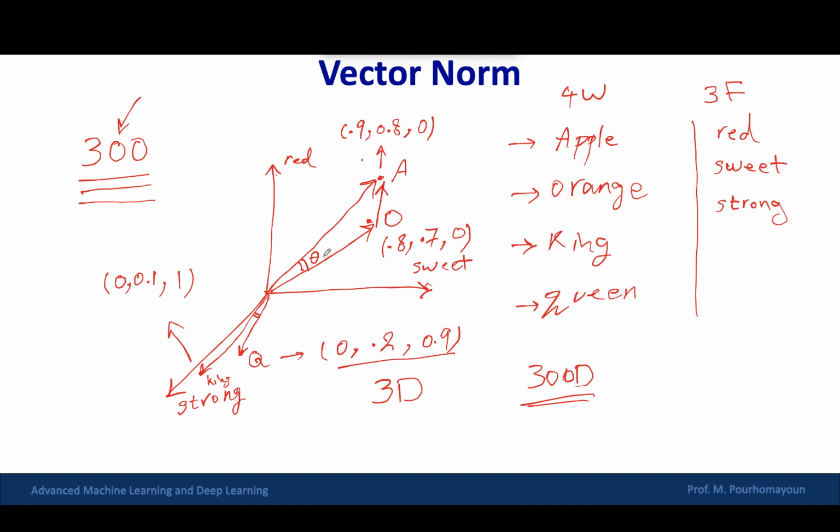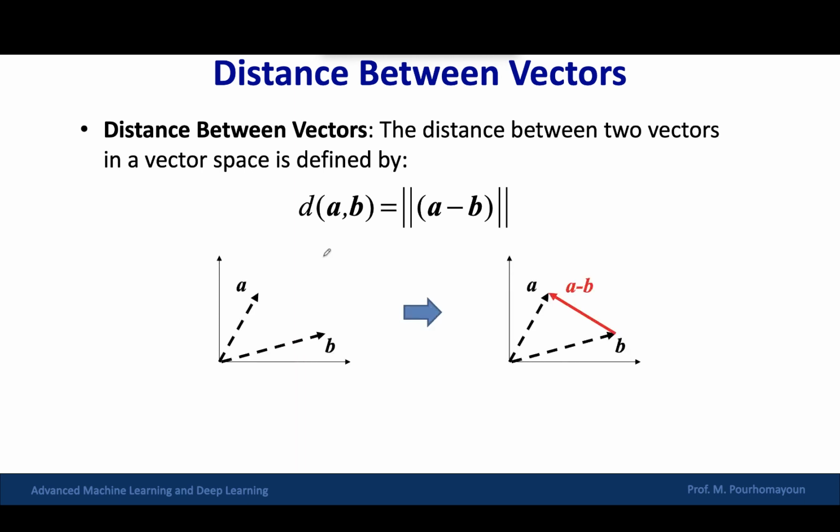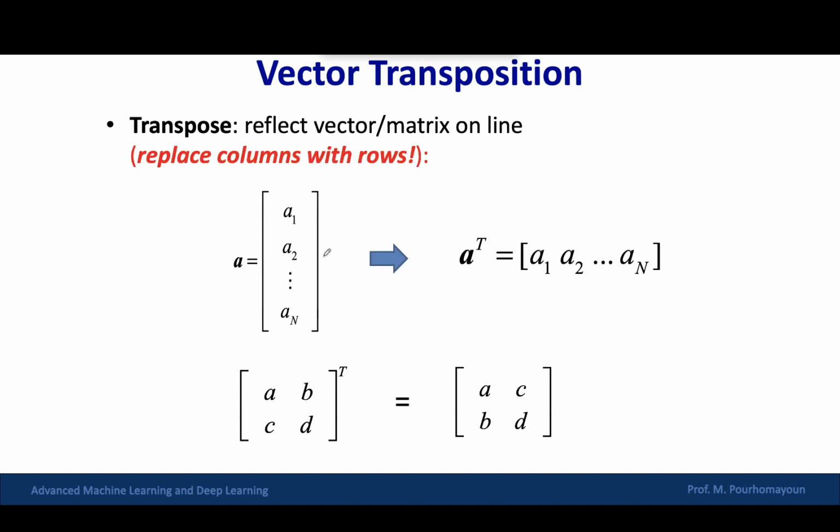I just wanted to tell you why you need to learn working with vectors when you want to do machine learning and data science. So this is the difference between two vectors, which, as I just mentioned, can represent different things. All right, transpose. It's simple, it's changing a vector or matrix, reflecting the vector or matrix on a line.